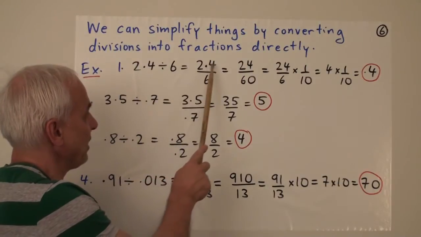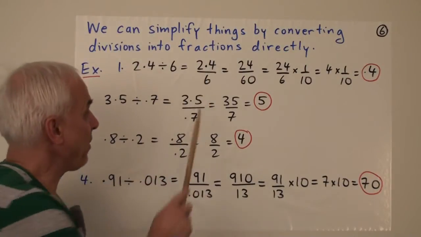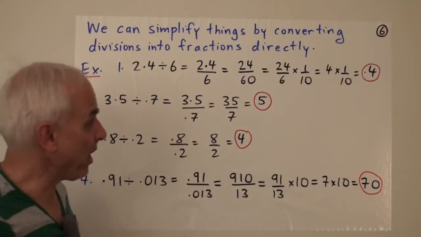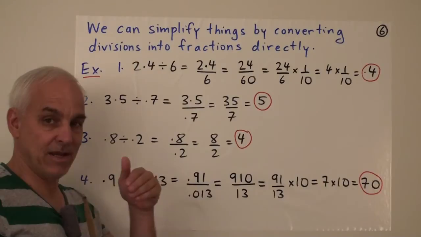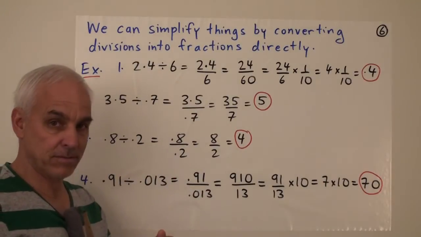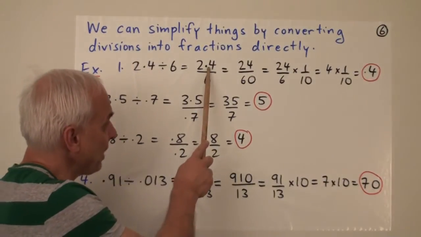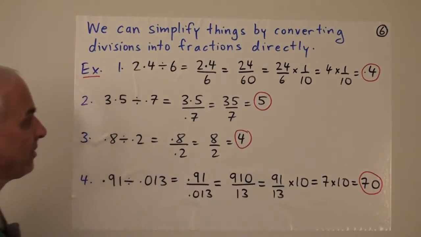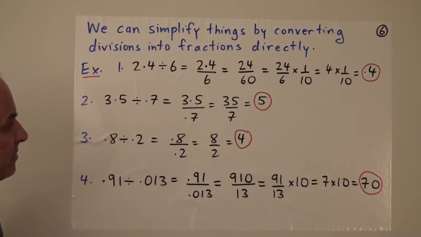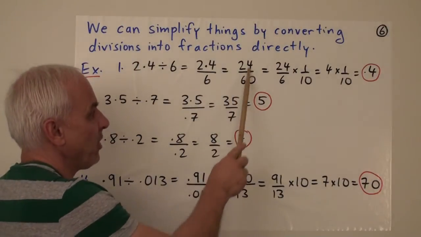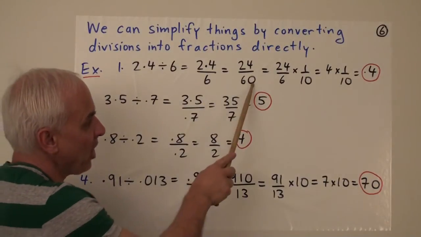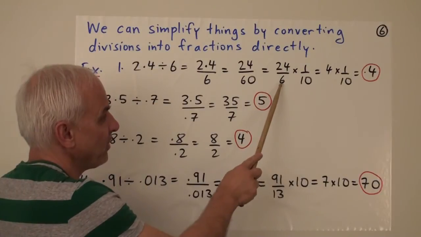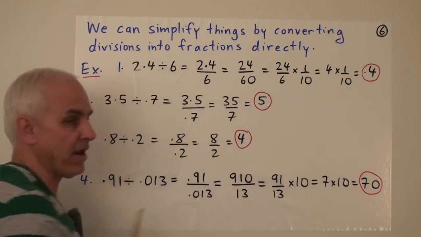We're going to write this in fraction form, and then multiply by whatever power of 10 we require so that there are no more decimals in either the numerator or the denominator. In this case, we're going to multiply the top and the bottom by 10, giving us 24 over 60. All right, this is a lot easier to work with. 24 over 60, we can peel off one of these 10s. So we can write this as 24 divided by 6 times 1 over 10.